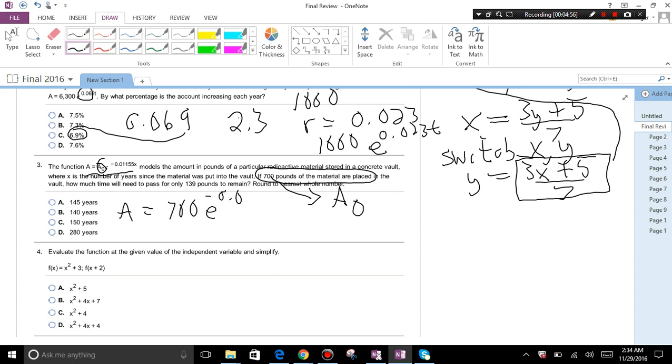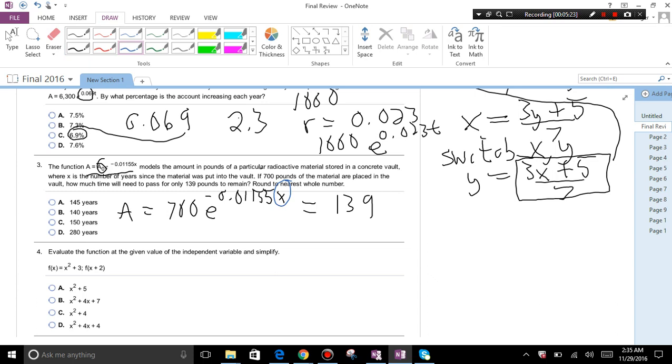And so it's going to be decreasing, and you want to know when it's equal to 139 pounds. And so that means you're solving for the time, which in this case is not written as t, but it is written as x, right? So you're solving for x there.